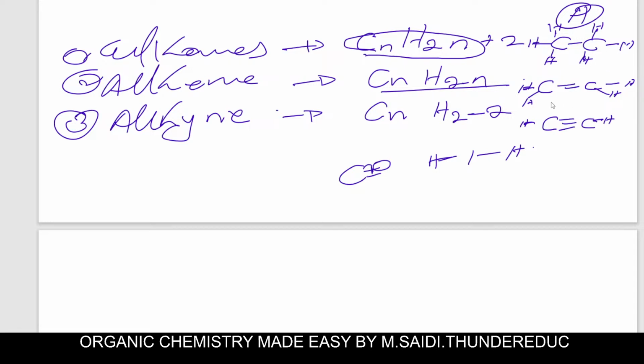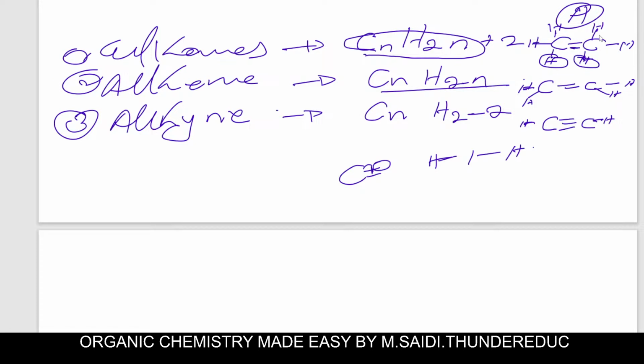So it means that each bond will take away 2 hydrogens. Because here, with one single bond, if you look at it, I had 1, 2, 3, 4, 5, 6. And then when I come here, I put a bond here. It means that this and this were lost, and then this bond joined to form a double bond.